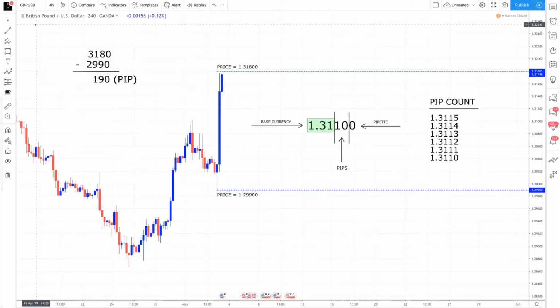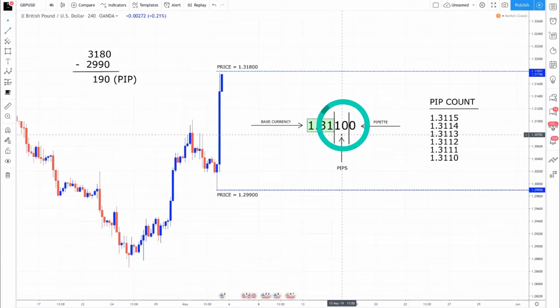So in this example, we're on the Great British Pound for the US dollar. That means the Great British Pound for the US dollar is at an exchange rate of $1.31 to the British pounds. Now, the 3rd and 4th decimal, these are the fractions of the currencies that are moving and calculating when the market is going up and when the market is going down.